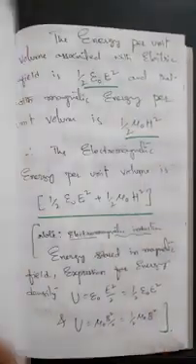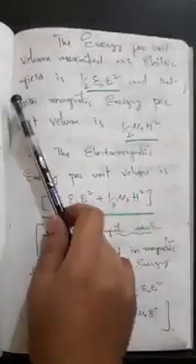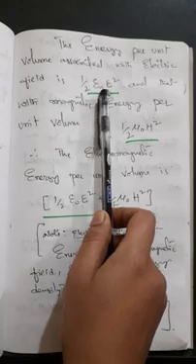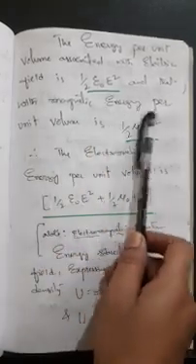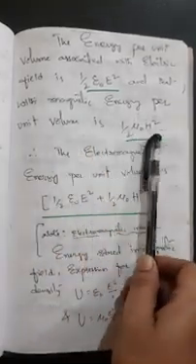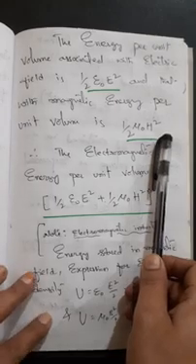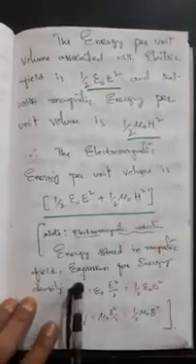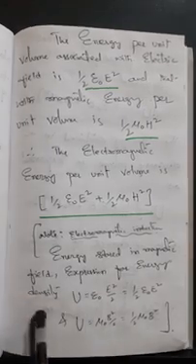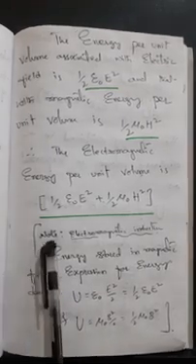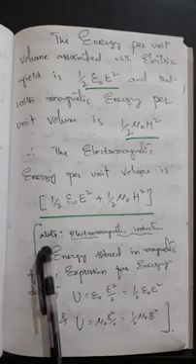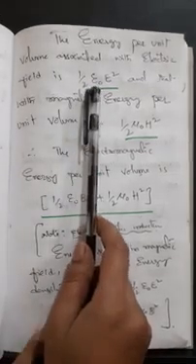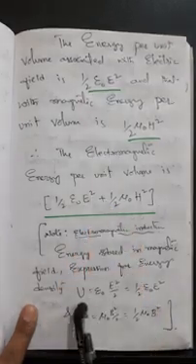The energy per unit volume associated with the electric field is 1 by 2 epsilon naught E square, and that of the magnetic energy per unit volume is 1 by 2 mu naught H square. These equations come in electromagnetic induction when we derive the expression for the energy density, so it is just a point to remember.